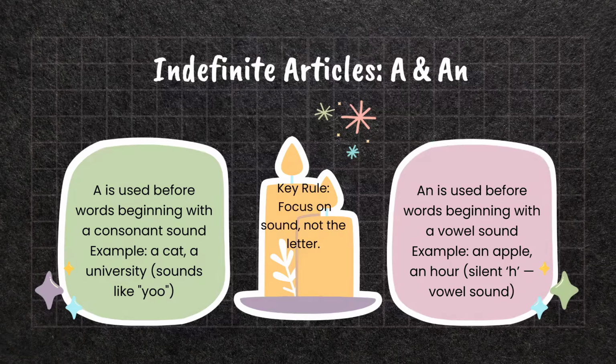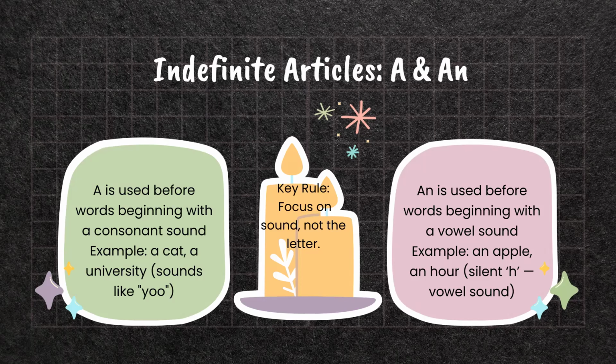Let's start with the indefinite article a and an. We use a before words that begin with a consonant sound and an before words that begin with a vowel sound. Now remember, this is based on sound, not spelling. For example, we say a cat because the word cat starts with a consonant sound, k.